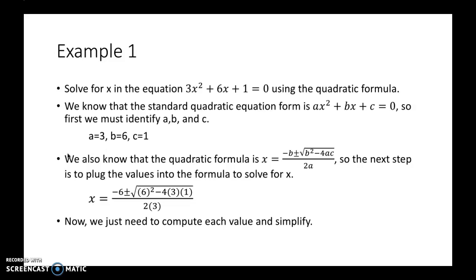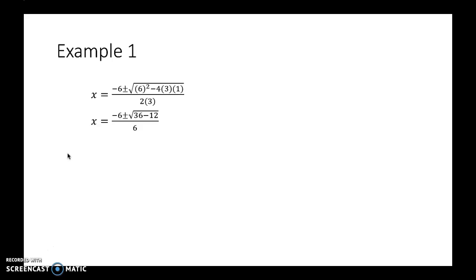By doing this, it's x equals -6 plus or minus the square root of 6 squared minus 4 times 3 times 1, all over 2 times 3. Now we just need to simplify the value and solve for x.